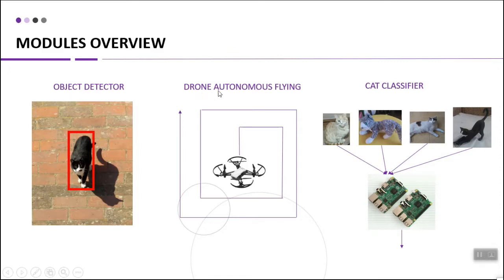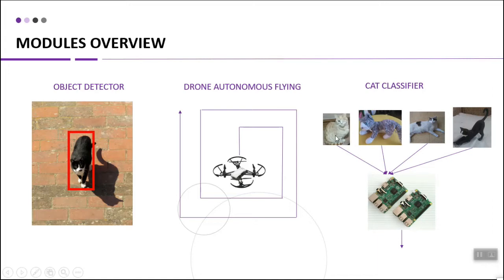Then we have the drone autonomous flying. That is, the drone has to fly in a pre-programmed path that we are going to call mission. And the last one is the cat classifier that we are going to use to detect which cat was found.